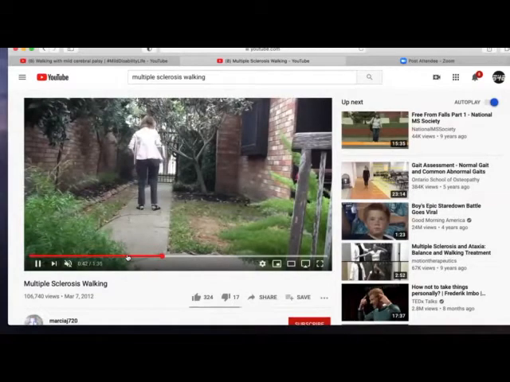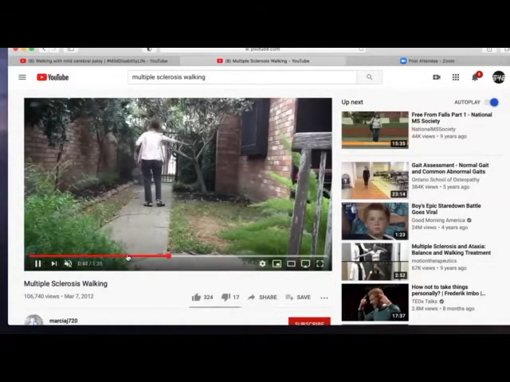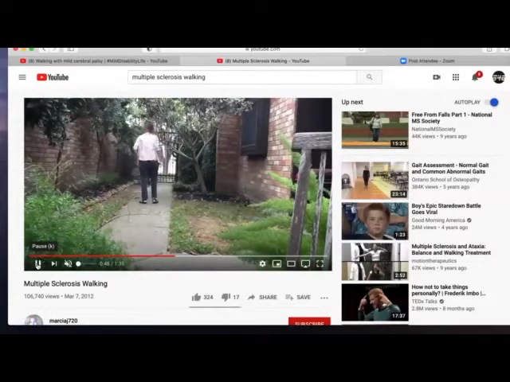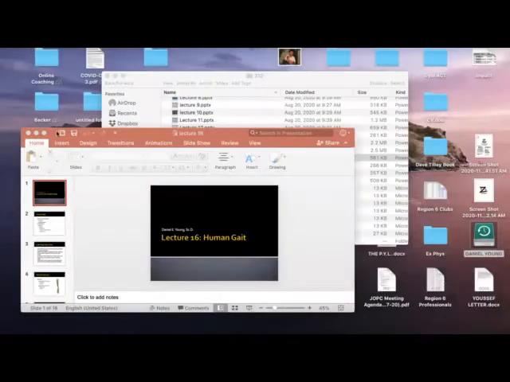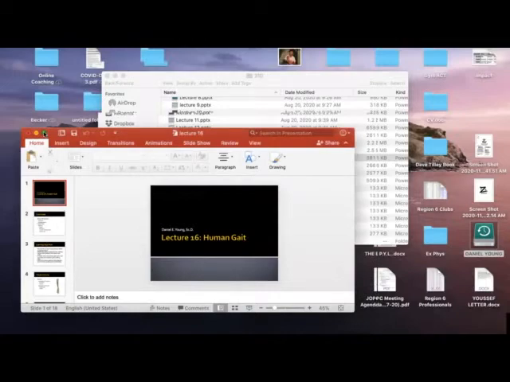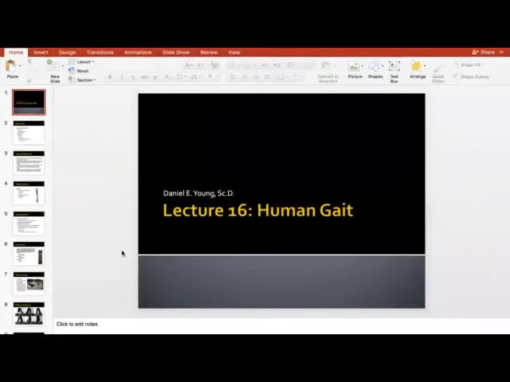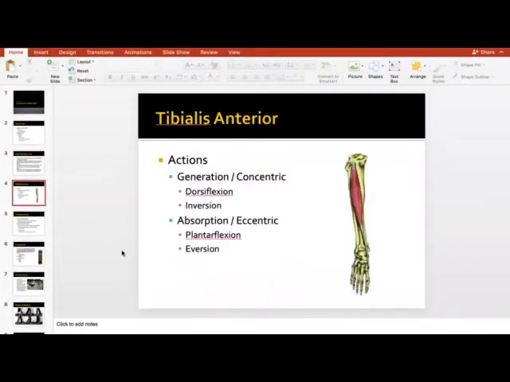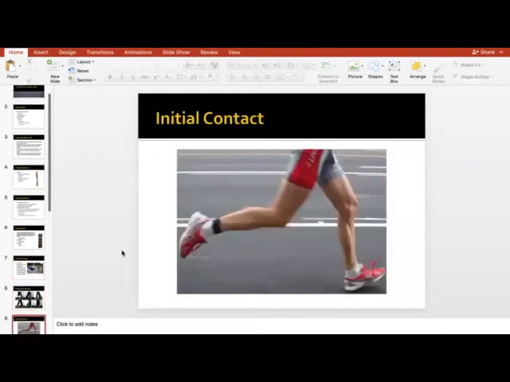So where does this gait pattern come from? I don't think that necessarily this woman wakes up in the morning and says, I'm going to walk this way. I don't necessarily think that she's ever thought about walking that way. So where does walking that way come from?